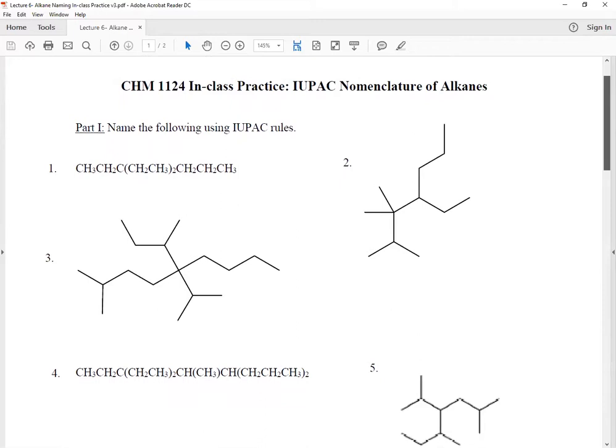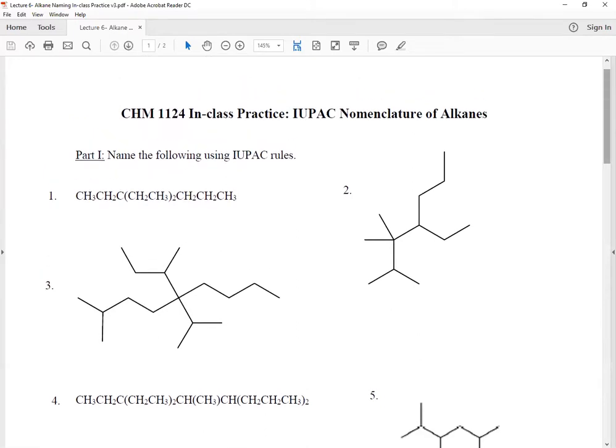Naming using IUPAC rules first. One of the things that you need to know about this kind of notation is that when you've got a group like this, you see how it says CH2, CH3, and then a parentheses 2?